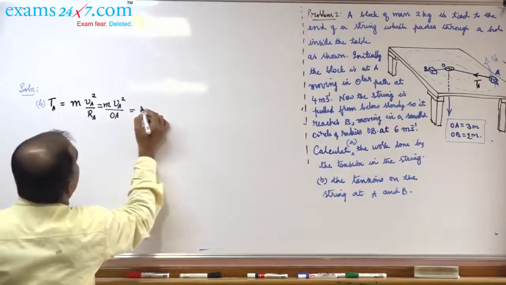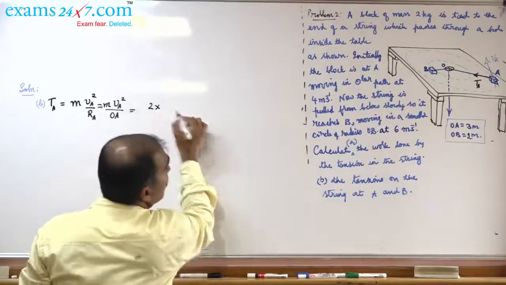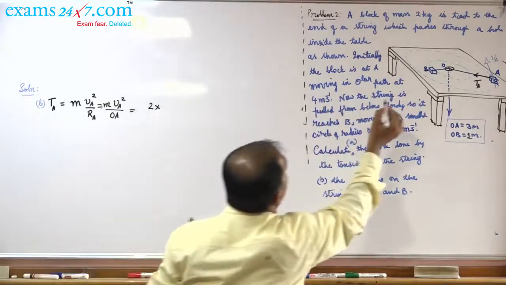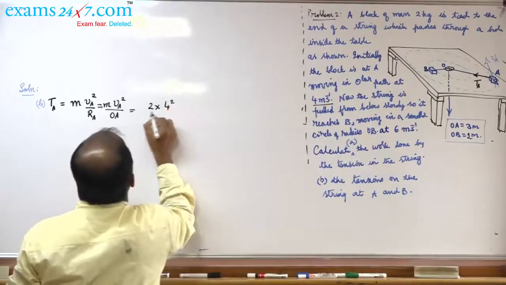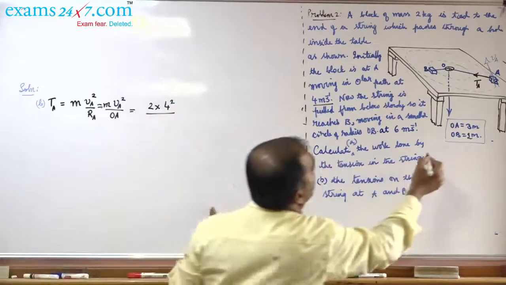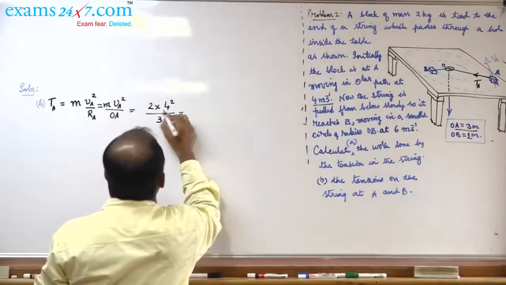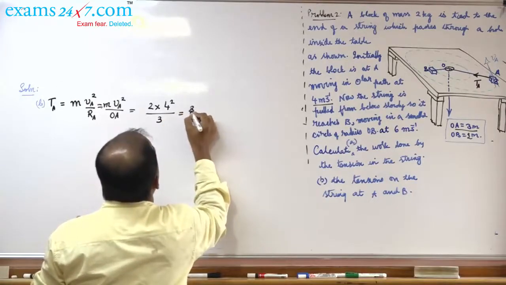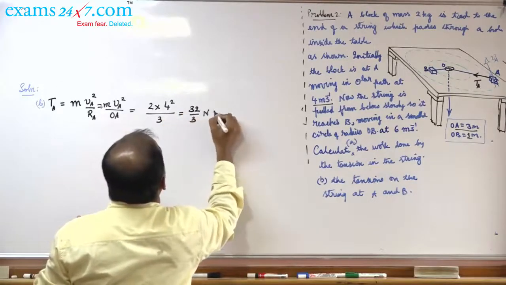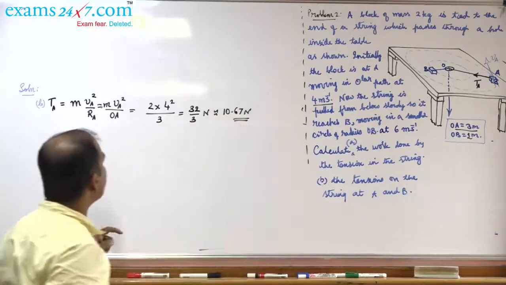The mass of the object is 2 kilos. VA, the velocity at point A, is 4 meter per second. 4 square divided by OA, which is 3 meter. So 2 16s are 32 by 3 Newton, which is approximately 10.67 Newton.